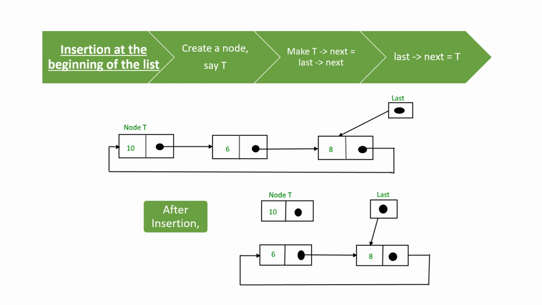That is, before, the last node's next node was the node 6. Now this node is made the next node of the node T. And if you follow the diagram, you can see that the next pointer of the last node is now the node T. And this is about the insertion at the beginning.